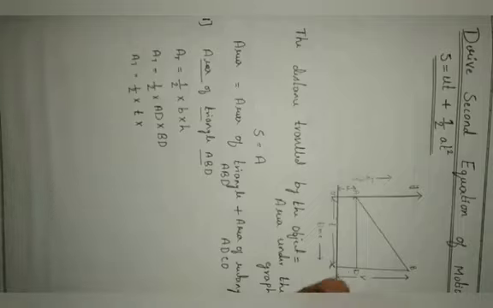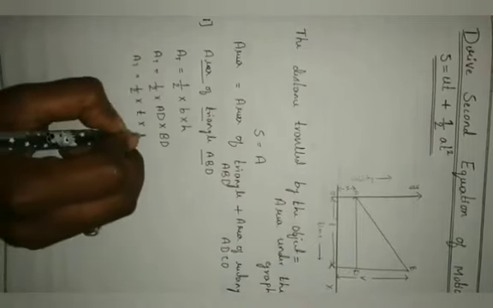Total BC minus DC will give you the value of BD, so the value of BD is v minus u.